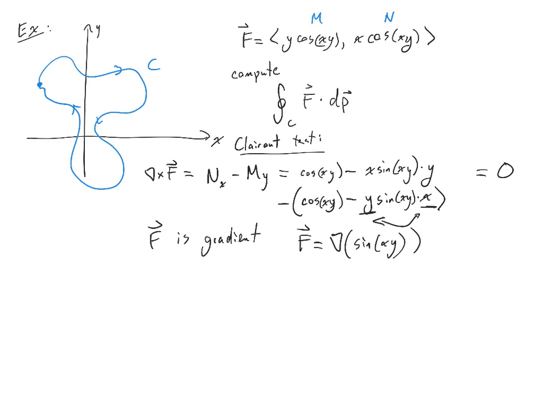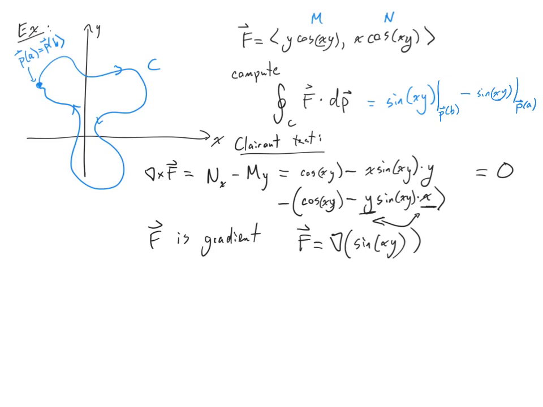And so my line integral along this closed curve is equal to, if I call the point where I'm starting p, since it's closed, p of a equals p of b, so what I'm doing is evaluating this new function, sine xy, at p of b minus sine xy evaluated at p of a.